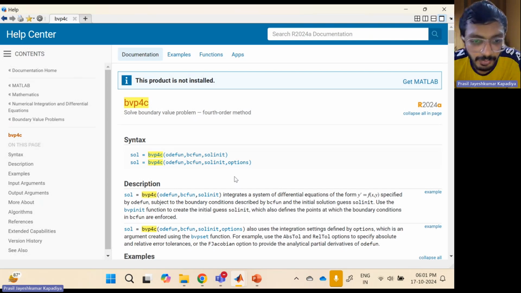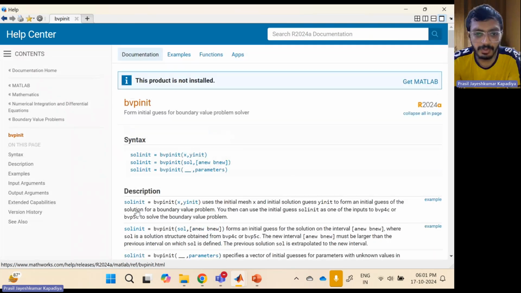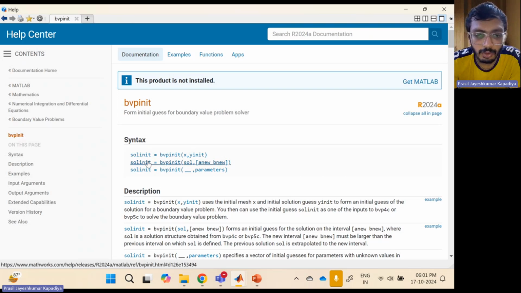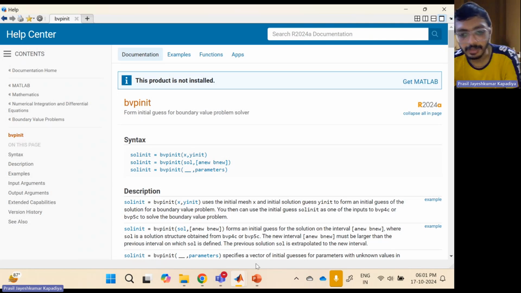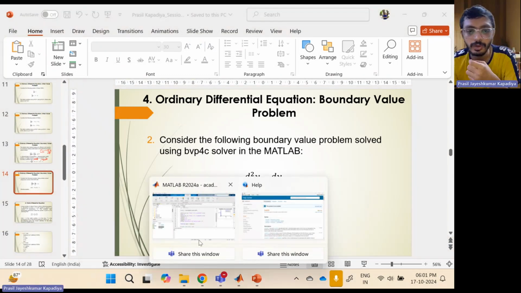Use the BVP init function to create the initial guess sol init. So if we first read about BVP init, it says sol init is equal to BVP init x comma y. So x is the initial mesh and the initial guess solution is y init. So let's solve this problem.